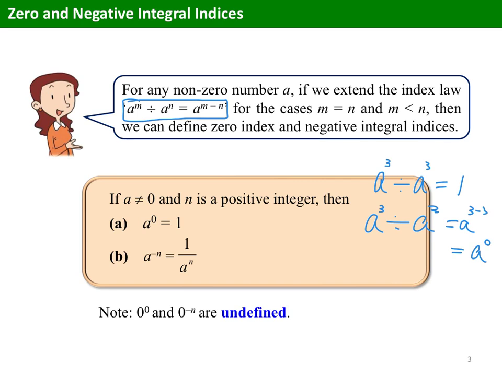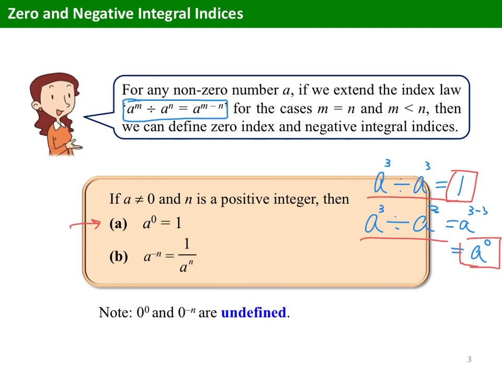For these two same questions, the answer must be the same, so a to power 0 is equal to 1. So you get the first formula.